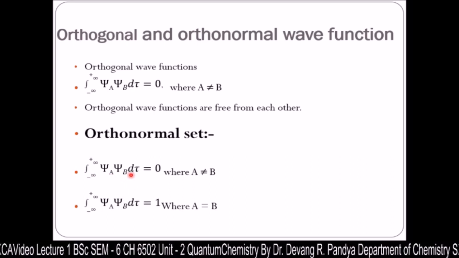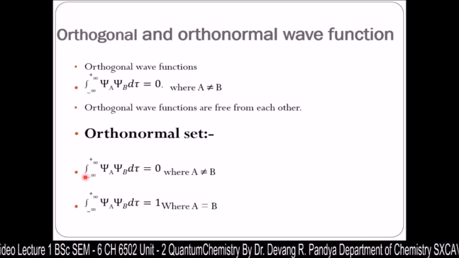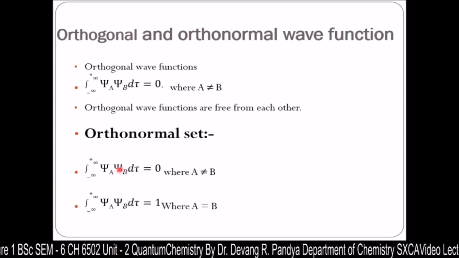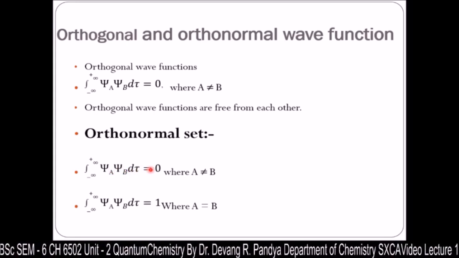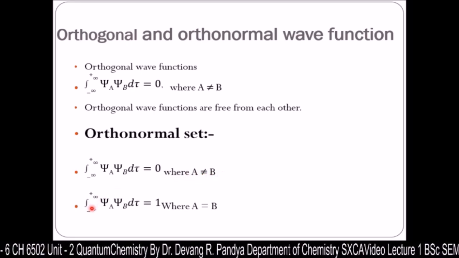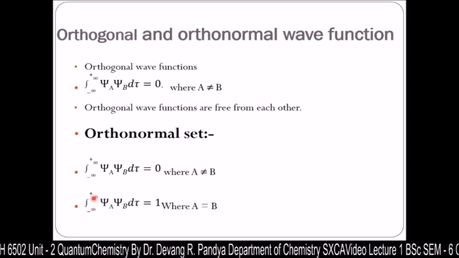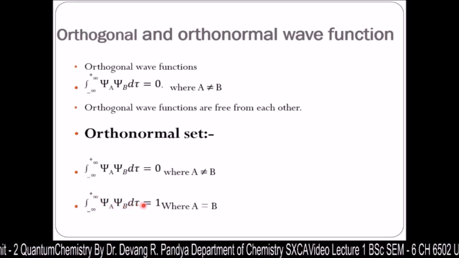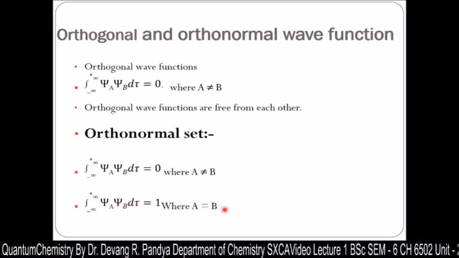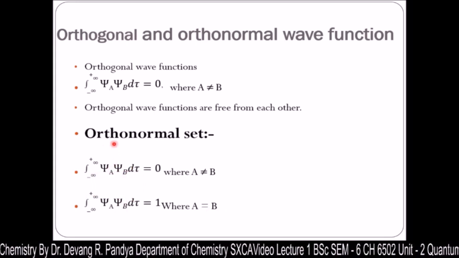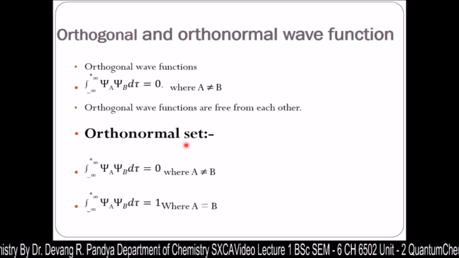If we have two different wave functions, then the integration from minus infinity to plus infinity of psi a into psi b d tau is equal to 0 where a is not equal to b, and the integration of psi a into psi b d tau is equal to 1 where a is equal to b. If both these conditions apply together, then it is an orthonormal set.